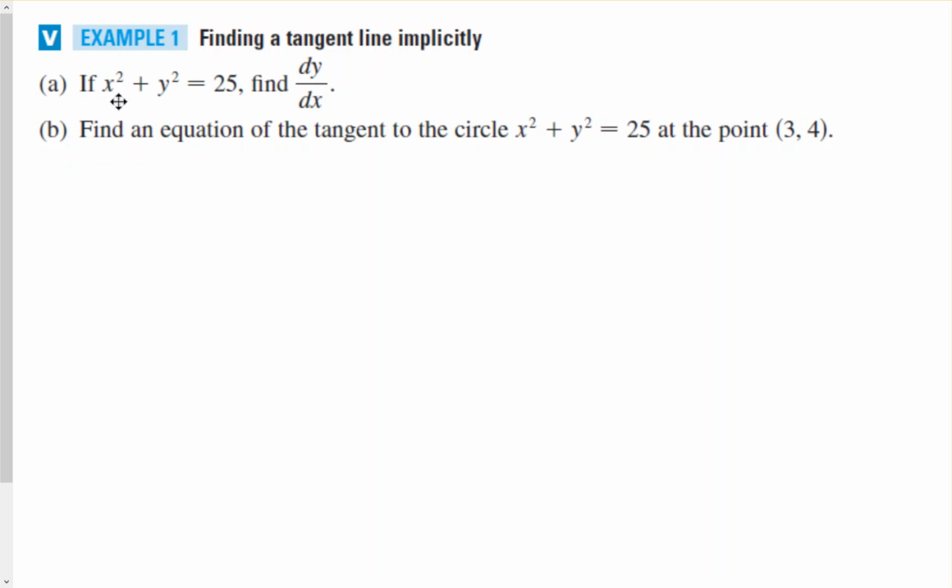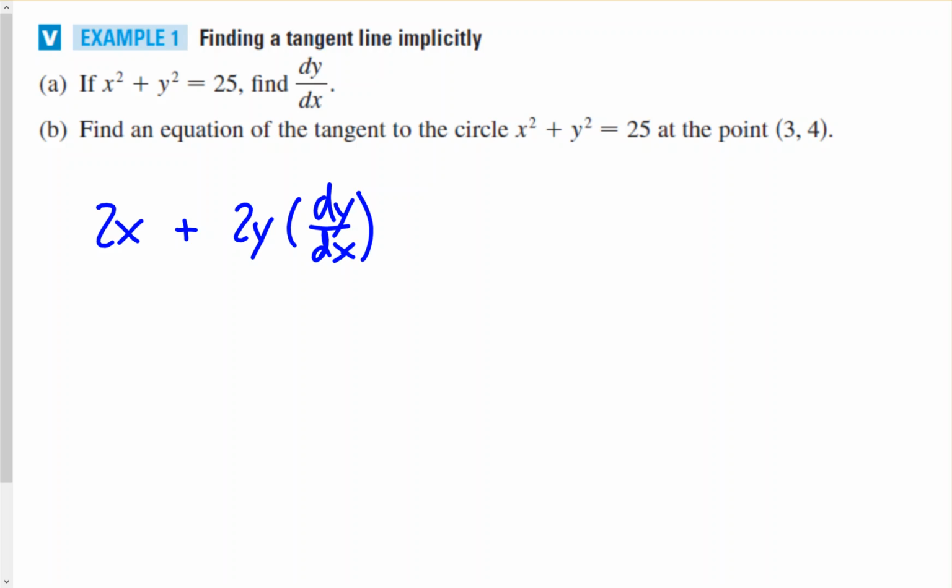The derivative of x squared is 2x. The derivative of y squared would be 2y, and then when we do the derivative of y, we have to remember to multiply by the derivative of the y itself, which would be dy dx.